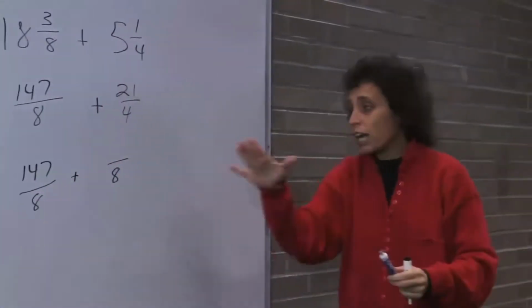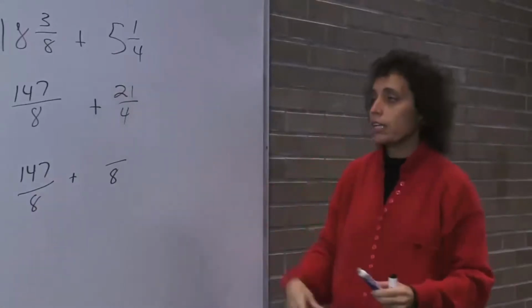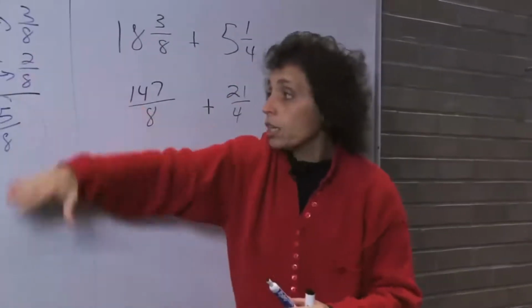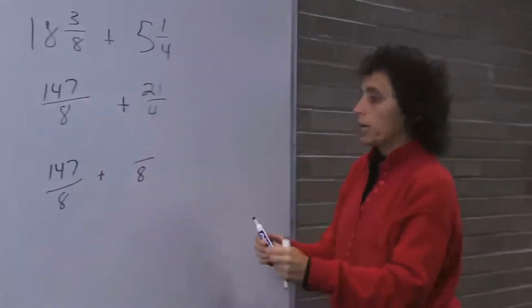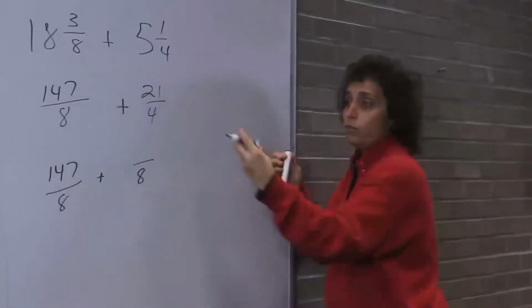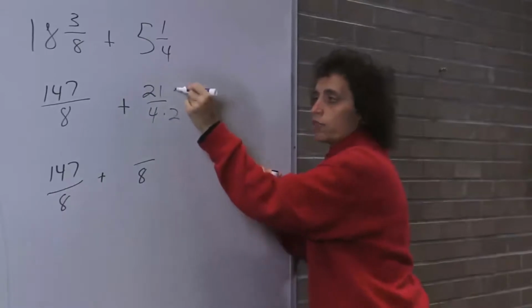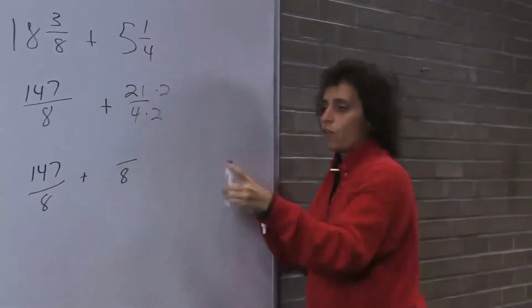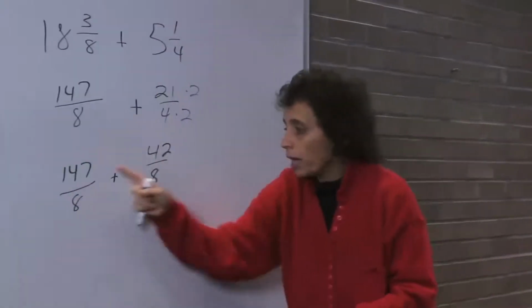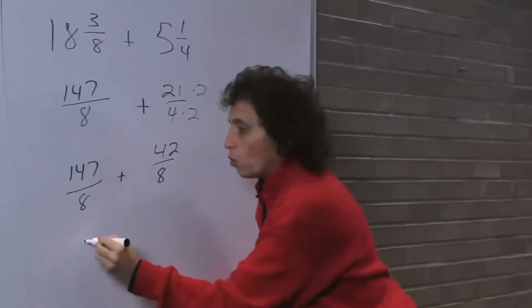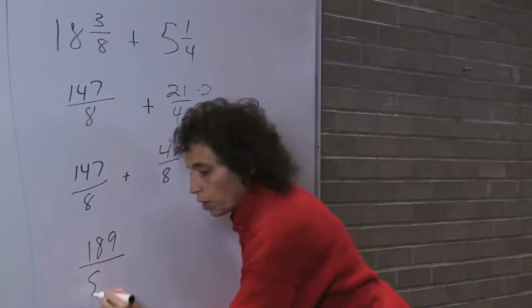And remember, generally I do fractions horizontally and not vertically. The only reason I like this vertically is because you've got whole number part and fraction part. So we're going to have to multiply this by 2. That gives us 42. Wow, look how big this is going to be. Now we combine the numerators, which is 189 all over 8.